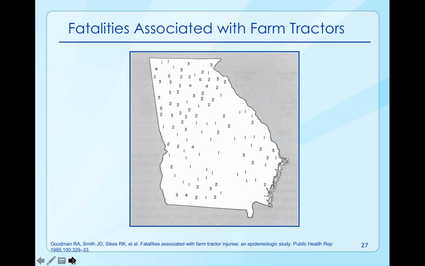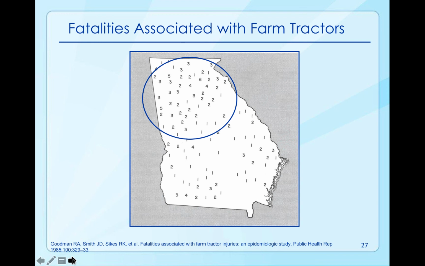This map describes where. It indicates the number of deaths by county or the places in Georgia. These are the highest number of deaths, and these in fact were in the region in which I was working at the time. So what are some possible explanations for this geographic distribution? We might say this is a more mountainous region, and so you might infer that the rugged terrain is responsible for more tractor-related deaths.